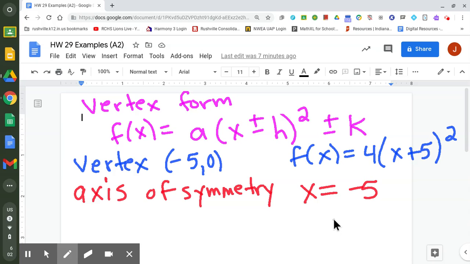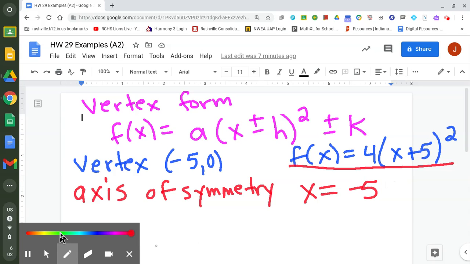And then on the third part, they ask you to choose the graph. So you could put into Desmos f of x equals 4 times the quantity x plus 5 squared. But there are a few things you could tell about that equation without even having to graph it.